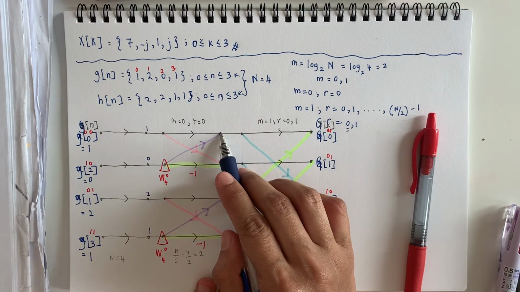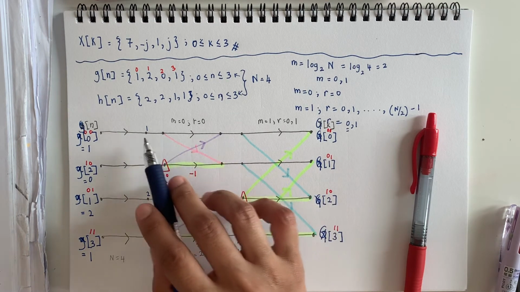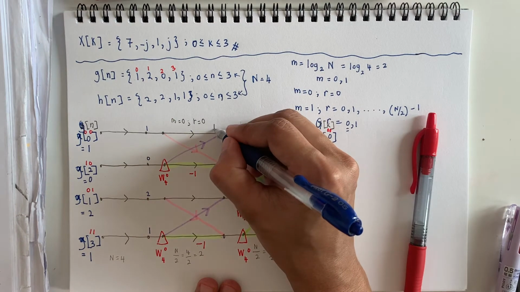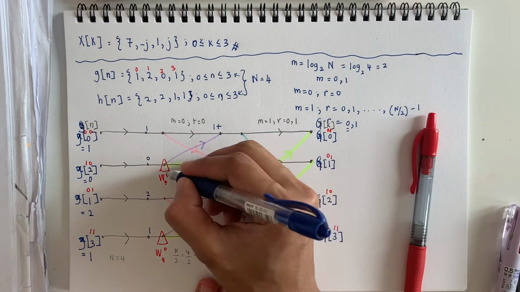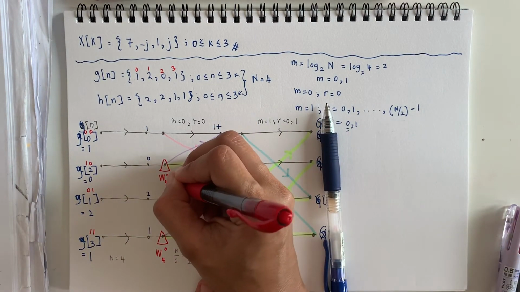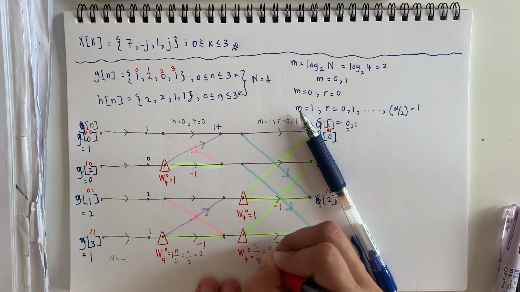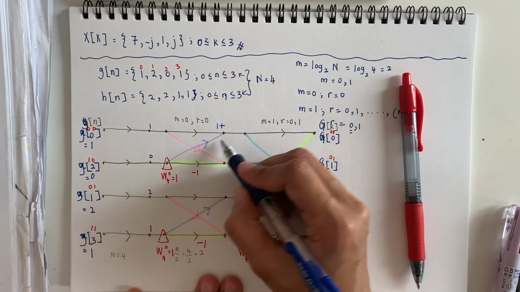Next we want to determine this dot. At this dot, 1 times 1 is 1 plus 0 times 1. This value I forgot to put, it is 1. This is 1, 1 minus g, so the value is 0.